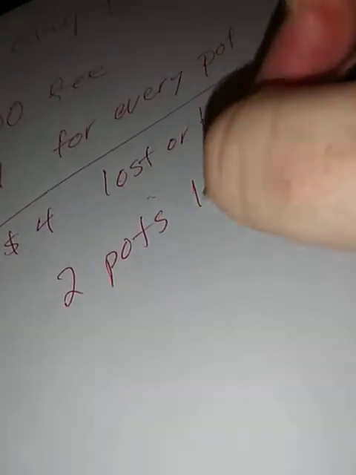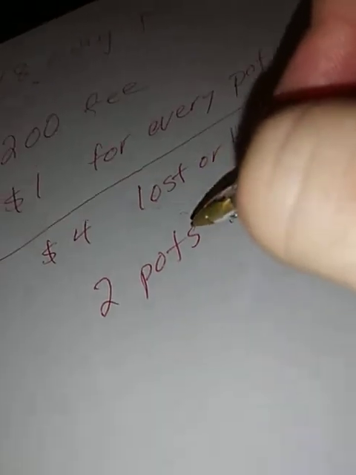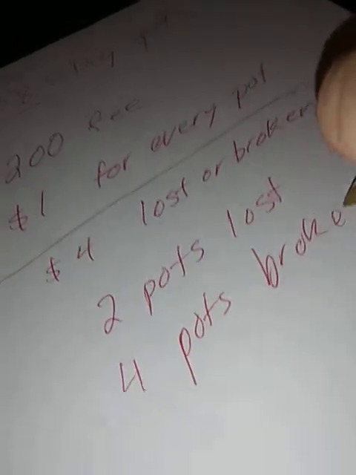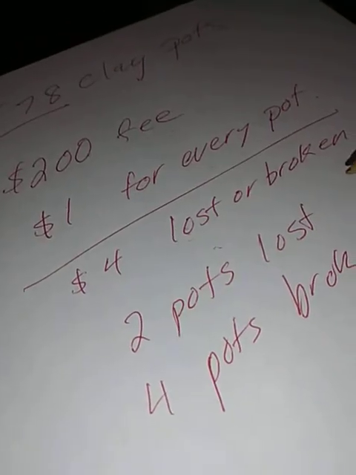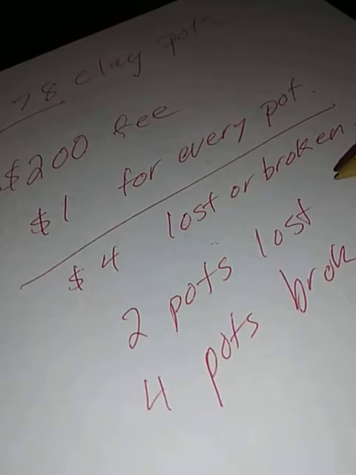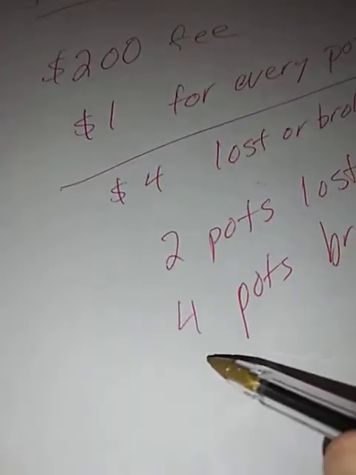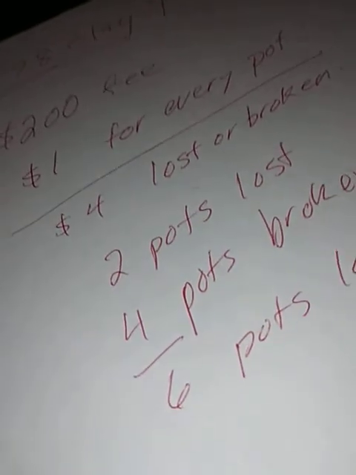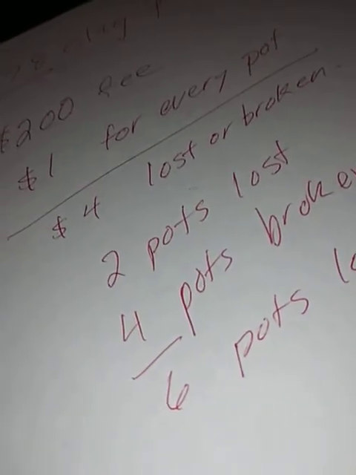If 2 pots are lost, and 4 pots are broken, and the rest are delivered. So that's a total of what? 6 pots lost and broken.